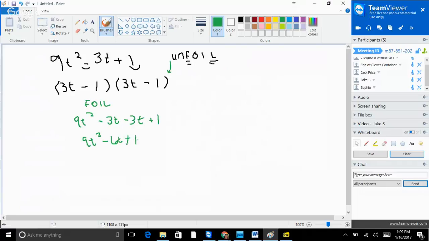So was I successful? Is this the right version of that? Nope, because look at up here, it was negative 3t, and down here it's negative 6t. All the other two sides are okay.